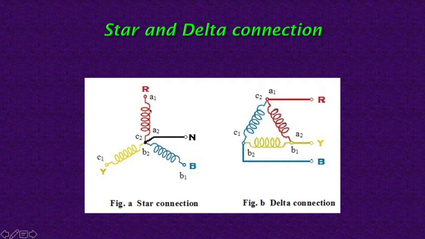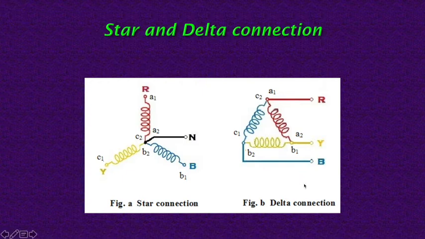In the star connection method, this is the starting point and this is the end point. Similarly, B2 is the end point, and C2 is the end point of this conductor. So, these 3 ending points are considered a single node. When the 3 starting points, or otherwise the 3 ending points, are connected to a single point, it creates a star connection circuit.